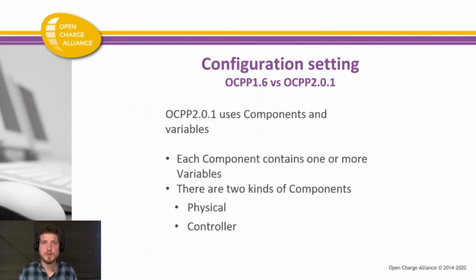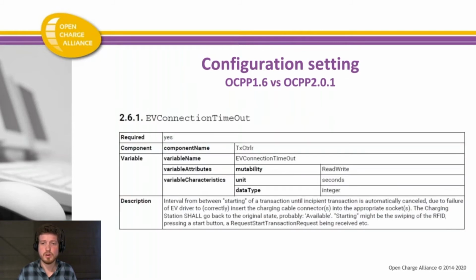In OCPP 2.0.1, the device model is used, and this is built up of components and variables. Each component contains one or more variables, and there are two kinds of components: physical and controller components. Physical components are hardware components, which can be configured to monitor, for example, and controller components contain configuration settings, like the configuration keys from OCPP 1.6. I want to have a look at the controller components.